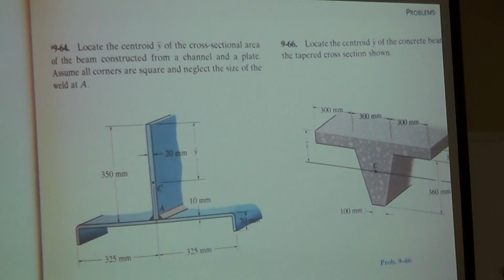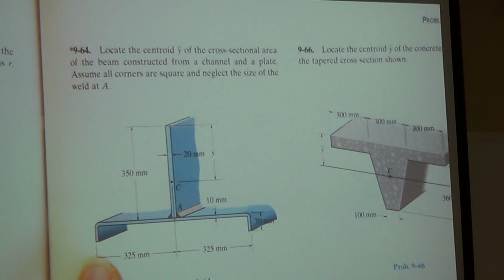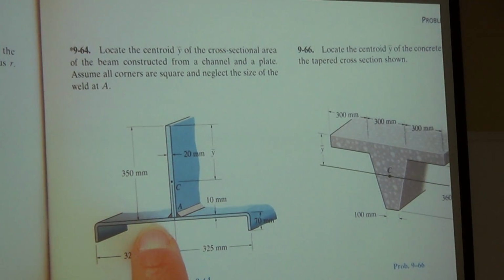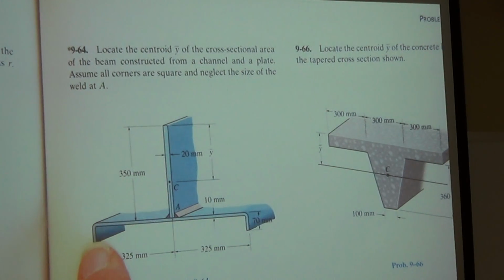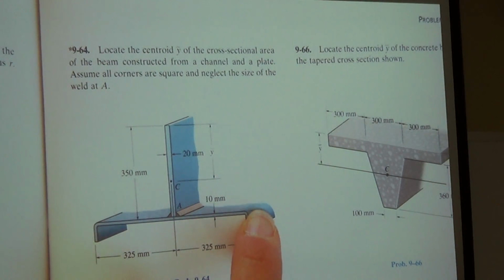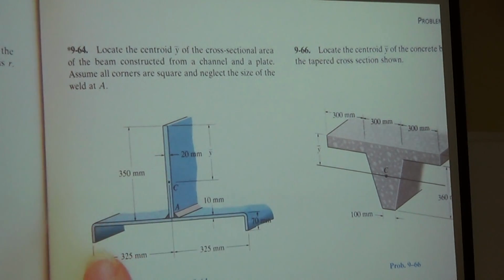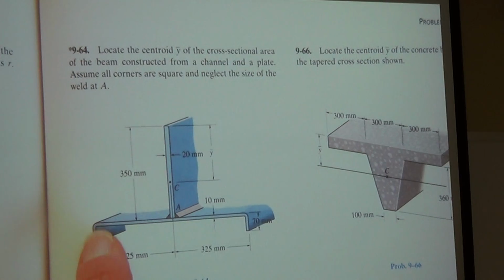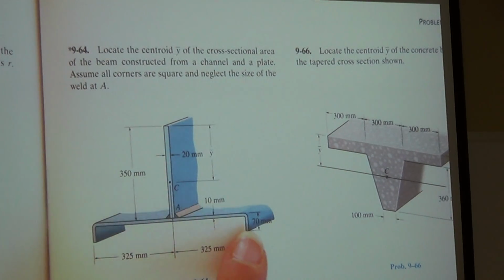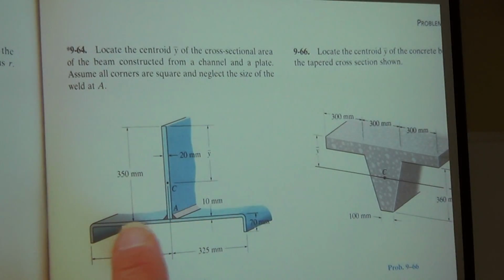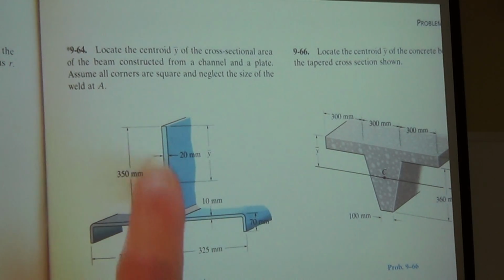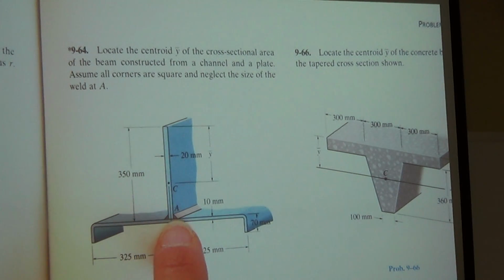The dimension here is 70, it's the total. So the centroid of this piece is 350 plus half of 70, which brings it right here. Got it? And for this big piece, I actually did them separately, but it doesn't matter, it's the same. It would be 350 plus half of 10.